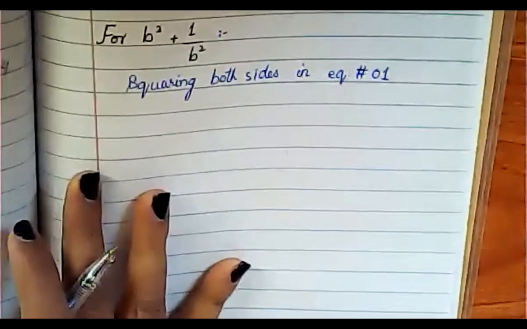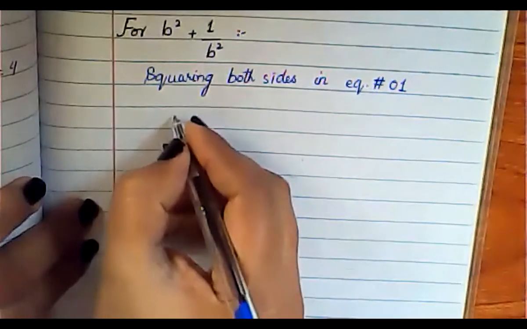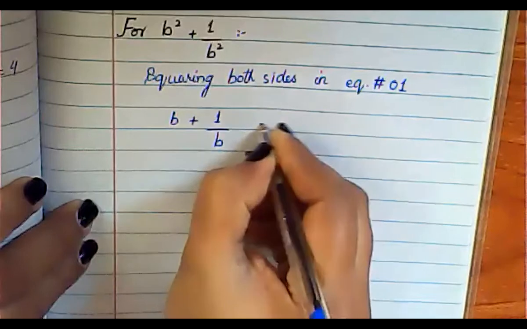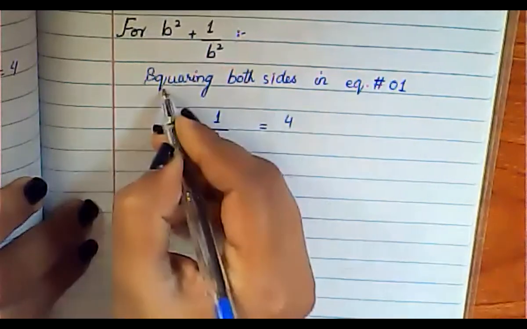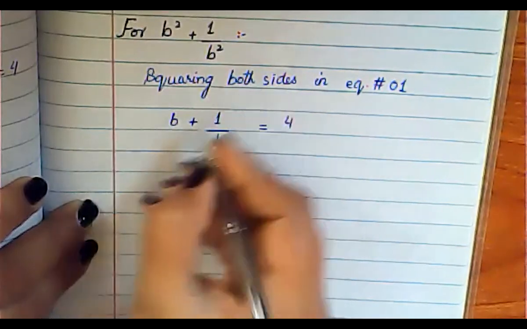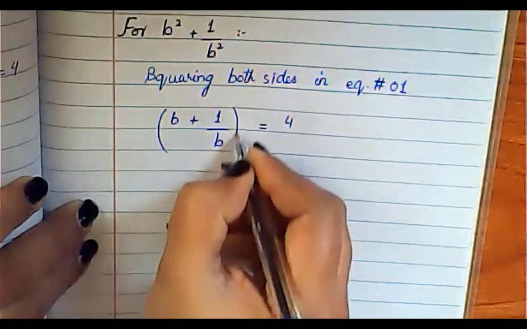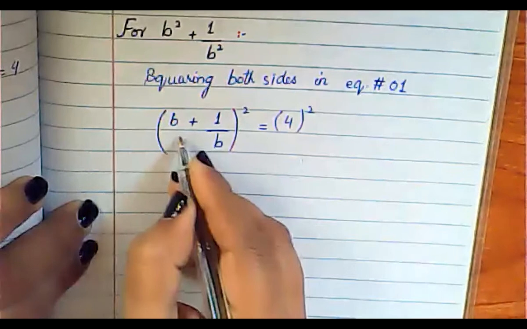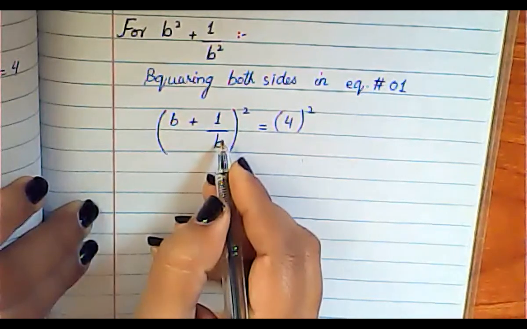Now you will copy down your equation number 1, which is b plus 1 upon b is equals to 4, and you have to square it on both sides. Now what you have, b plus 1 upon b.